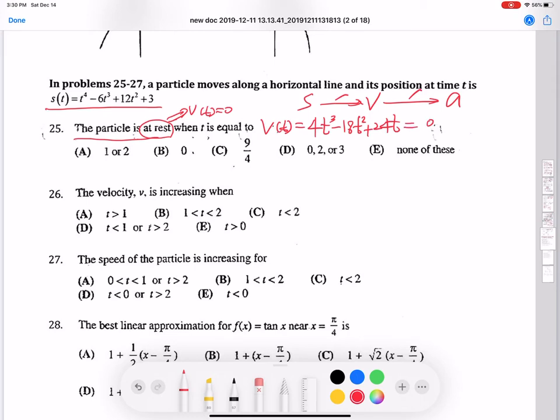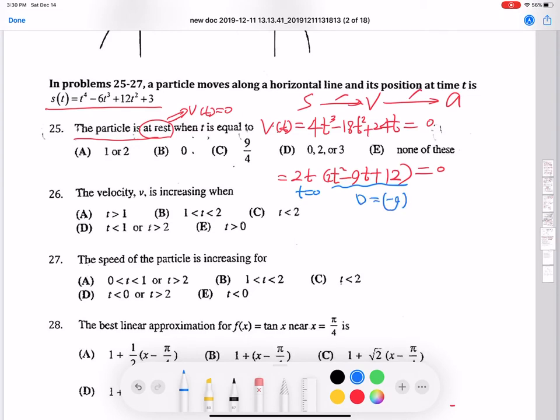So what is a common factor of these three terms? 2t, and 2t squared minus 9t plus 12. What is the zero of this function? Just t equals 0, right? What about this part?